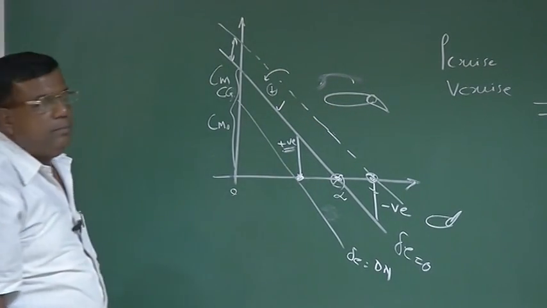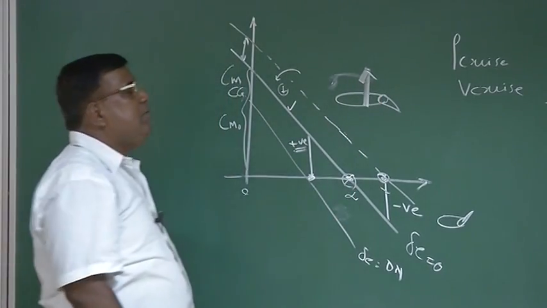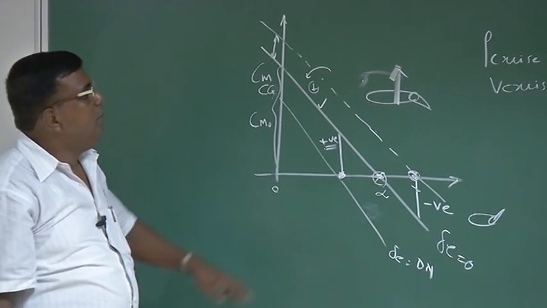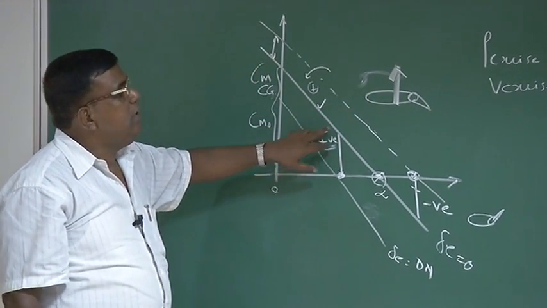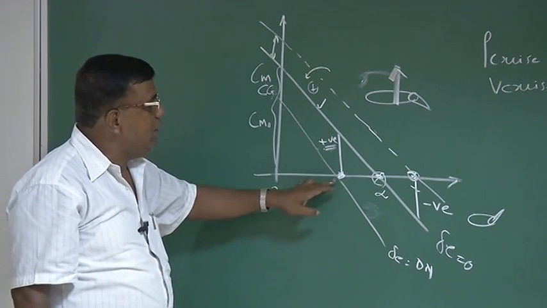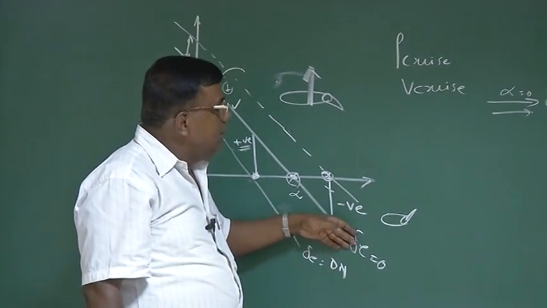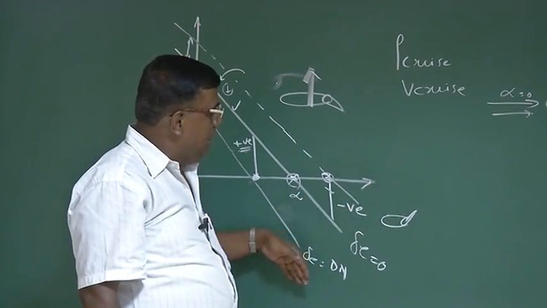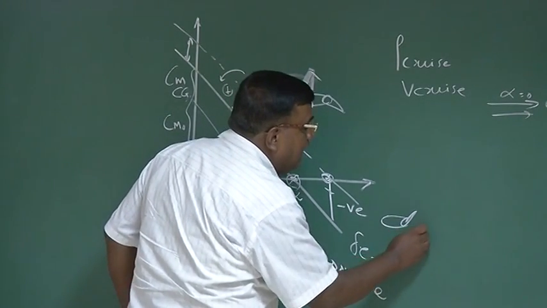Because as I put it down, there will be lift increment in the upward direction, which will give about Cg a nose down moment. So that will counter this positive moment, and I can say that this line gets shifted here, and this becomes my trim point. So delta 0 to delta negative, delta down is positive, delta negative means delta up.